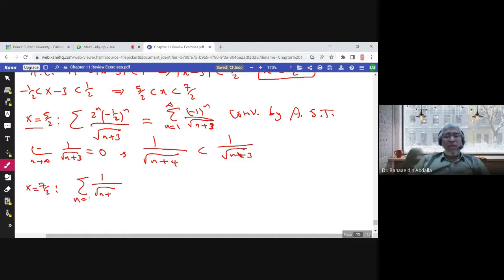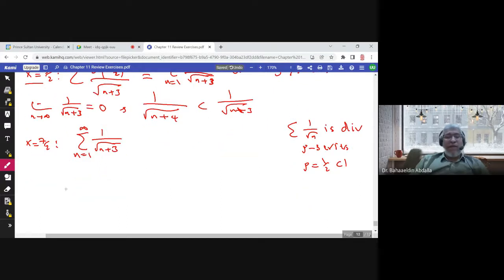And this series, I can compare it with the series 1 over square root of n. And 1 over square root of n is divergent p series, because p is half, less than 1. And I can find the limit of an over bn.